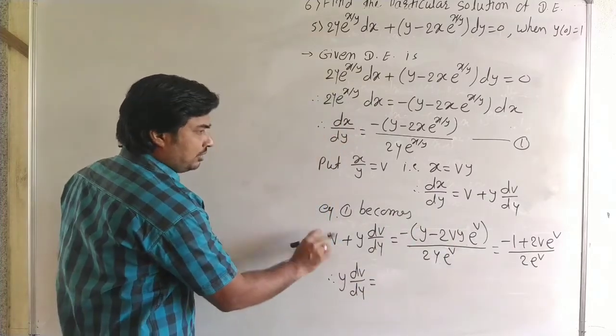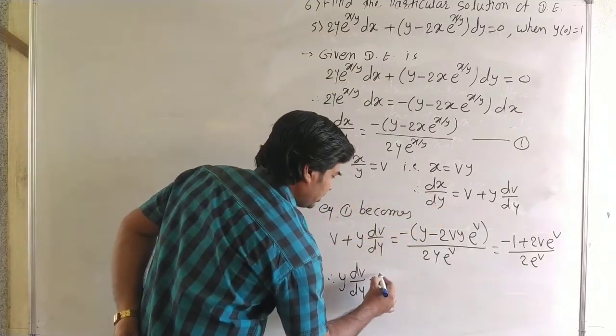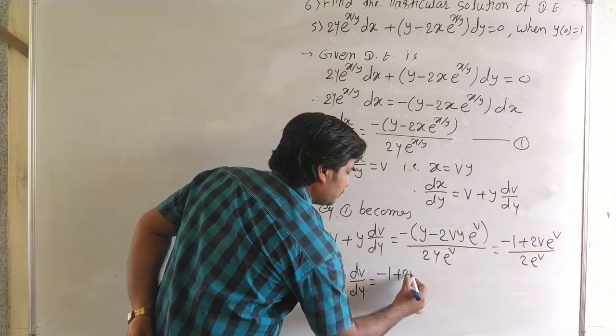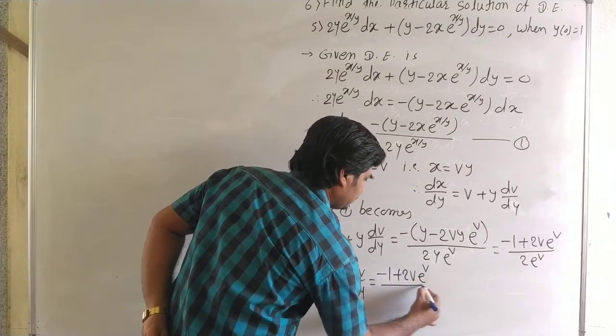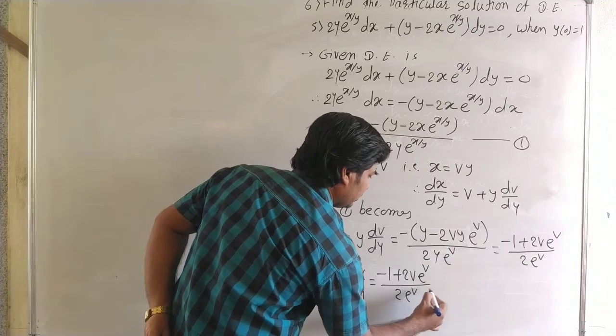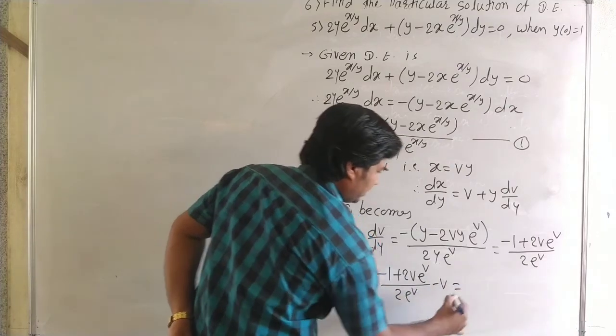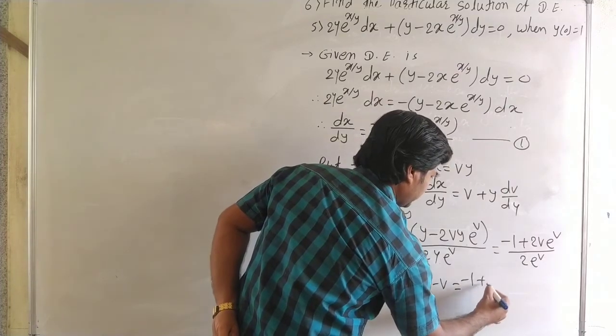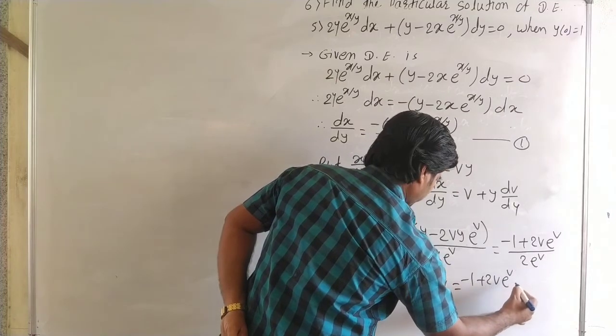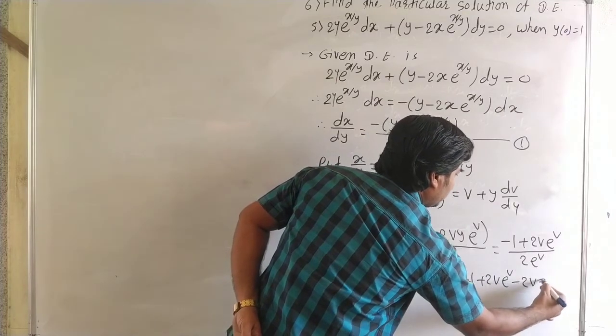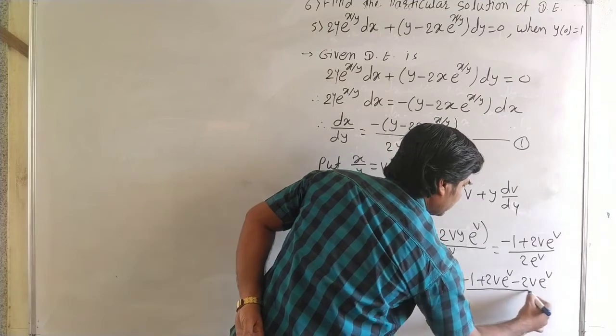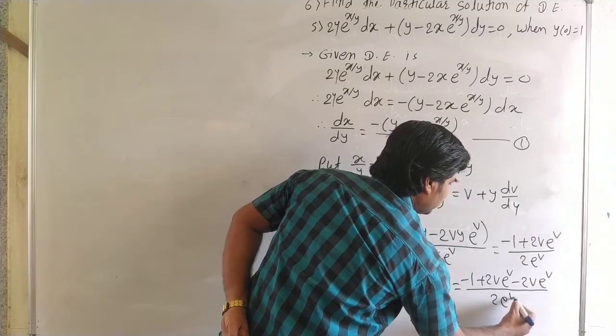Now we write this v in RHS. Therefore it is minus 1 plus 2v e raised to v upon 2 e raised to v, minus v. Then take the calculation: minus 1 plus 2v e raised to v minus 2v e raised to v upon 2 e raised to v. Okay.